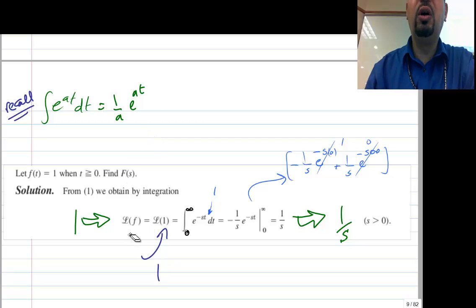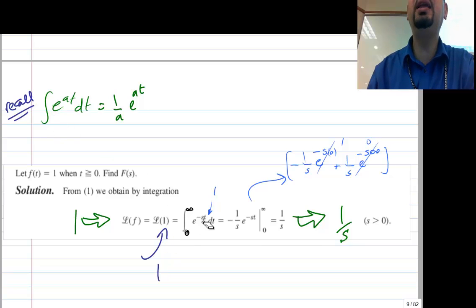Very good. So again, by definition, if you want to get the Laplace of 1, you basically say I would put 1 here. There's 1 here multiplied by e to minus st. We just don't see it, but there's 1 here. So e to the power minus st multiplied by 1 dt. And we are integrating e to the power minus st, similar to e to the power at.